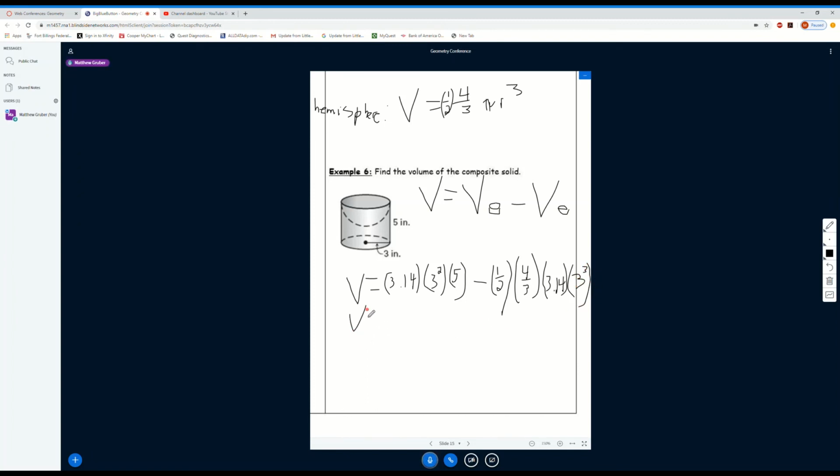The volume is going to equal 141.3 minus the volume of that hemisphere, which was 56.52. So the volume is 84.78 inches cubed.